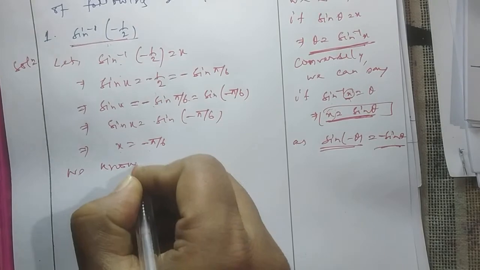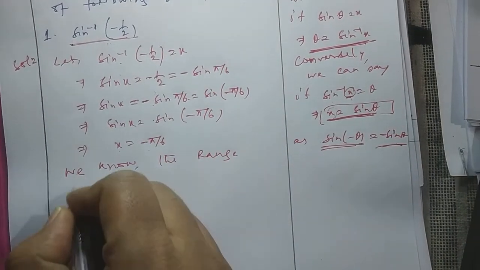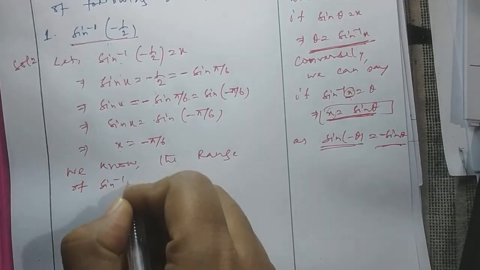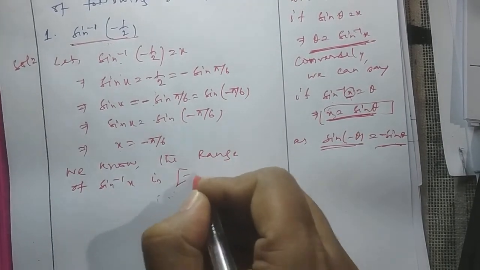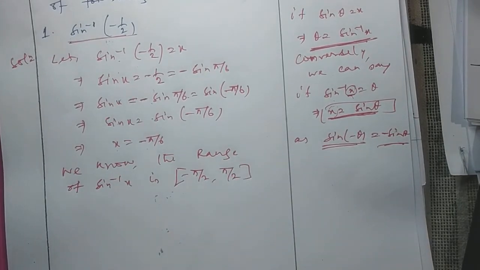For this purpose, let us recall the range of sin inverse x. We know the range of sin inverse x is minus pi by 2 to pi by 2, closed. To remember the range and codomain, please look at the table that we have made.